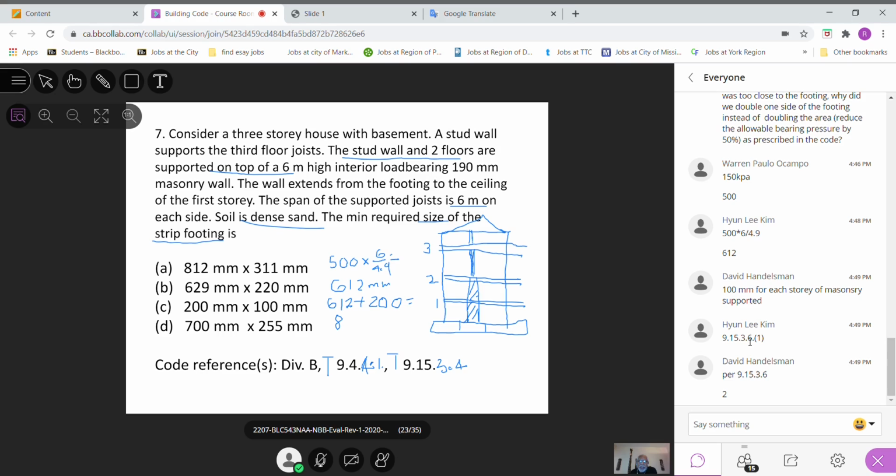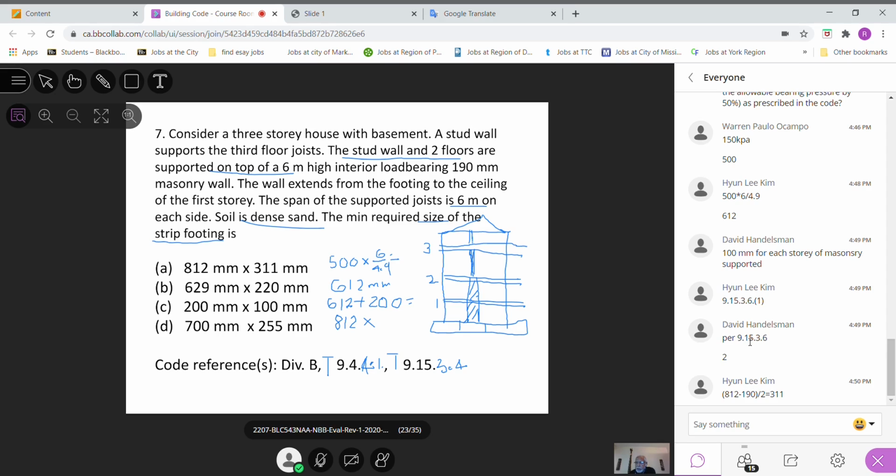Now you determine the size, the depth. 812 by what? What's the depth? Right.